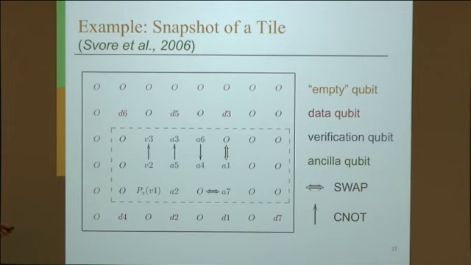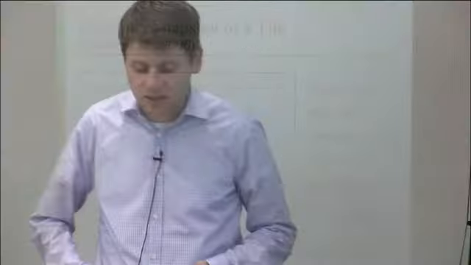Then on the interior of the tile, we have some ancillas that are needed in order to do syndrome extraction and error correction for the Steane code. So this determines the location of the data qubits, the ancillas, and also a sequence of operations. The paper of Svore actually shows the exact gate sequence of all the gates that need to be performed to do error correction as well as all other operations.